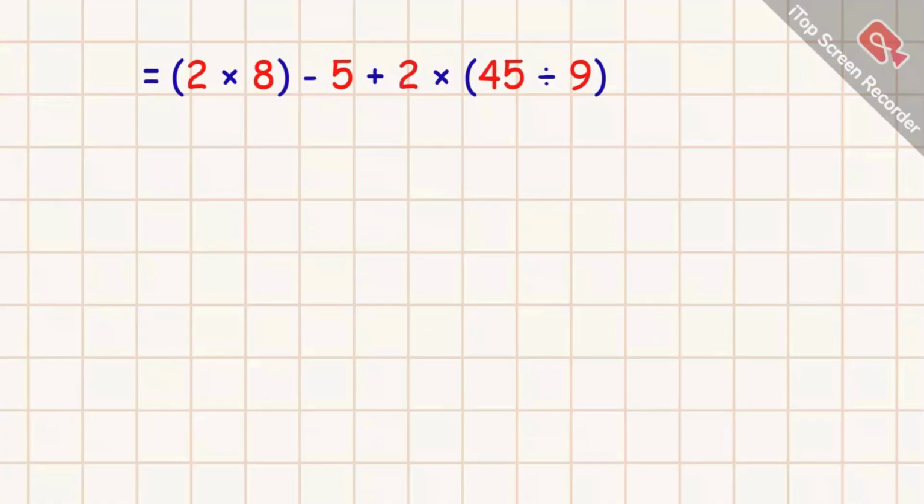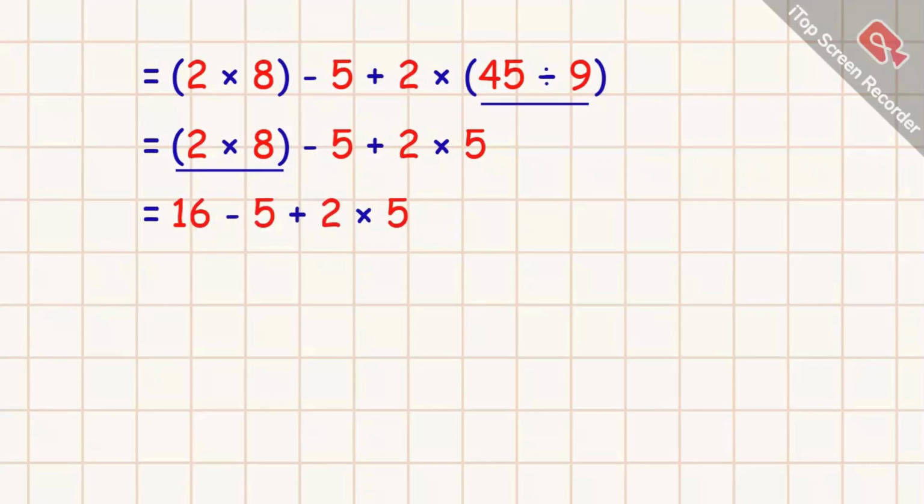Now when we have found out there are 2 brackets, we can move on to the BODMAS rule, which means division. It's clear that this bracket right here has a division. So we're going to do this one first. Then we get 5. Bracket open 2 times 8 bracket close minus 5 plus 2 times 5. Now the only bracket left is 2 times 8.